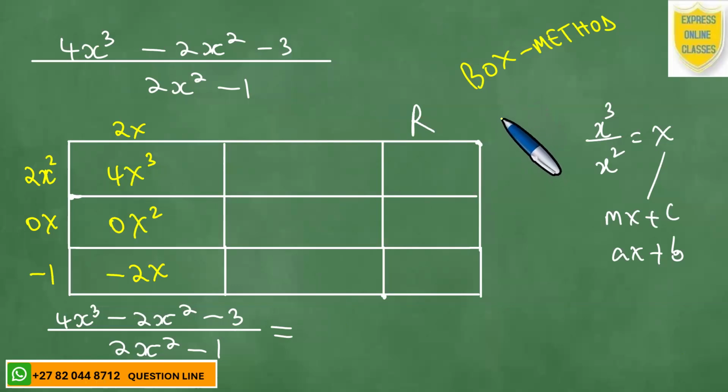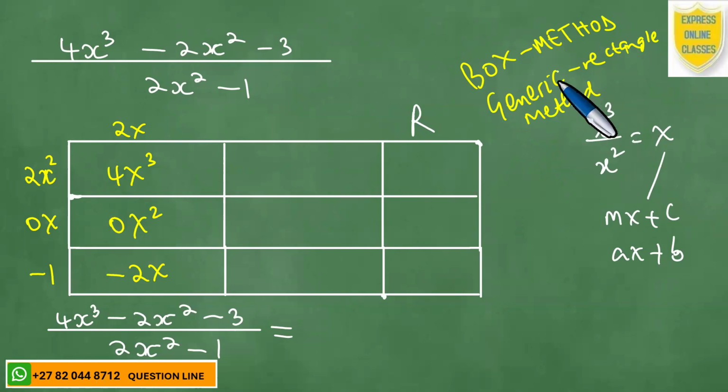If you don't want to call it the box method, you can also call it the generic rectangle method. It is either the box method or the generic rectangle method.